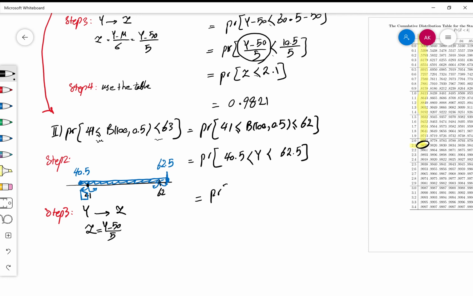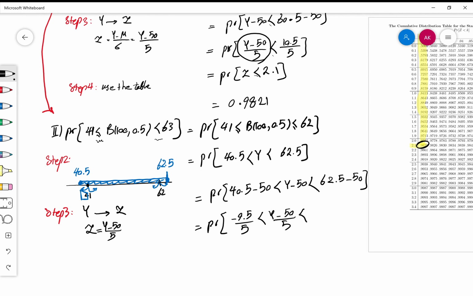So we need to do 40.5 minus 50, Y minus 50, 62.5 minus 50, and this is the probability of negative 9.5 divided by 5, (Y minus 50) divided by 5, and this part here is 12.5 divided by 5.